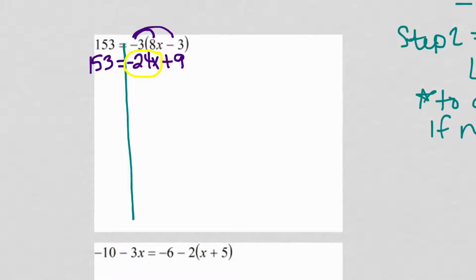I have that plus 9 hanging out outside the circle. I need to move everything on the same side as the circle, so that plus 9 moves by subtracting 9 on both sides. 153 minus 9 is 144 equals negative 24x, and 9 minus 9 should give you 0.